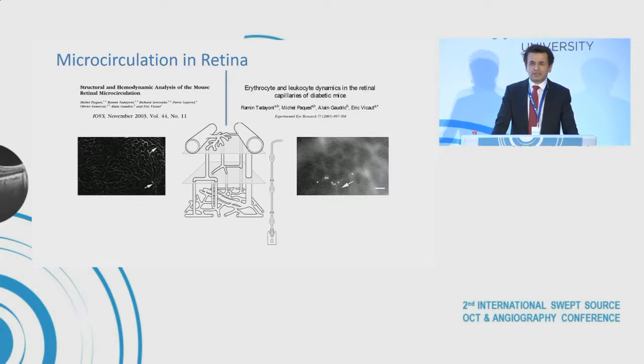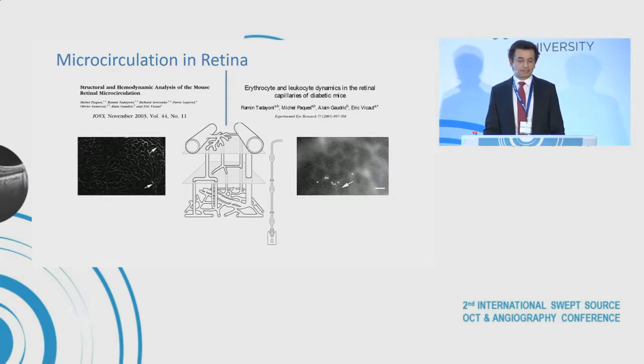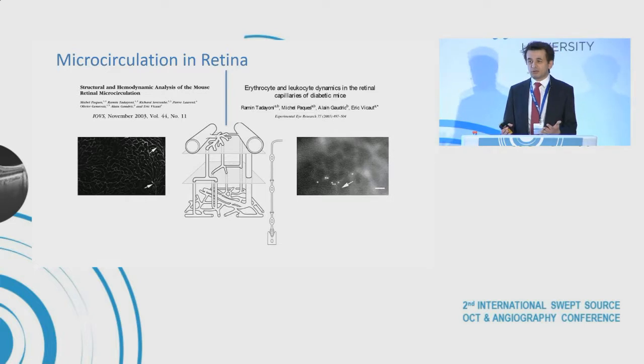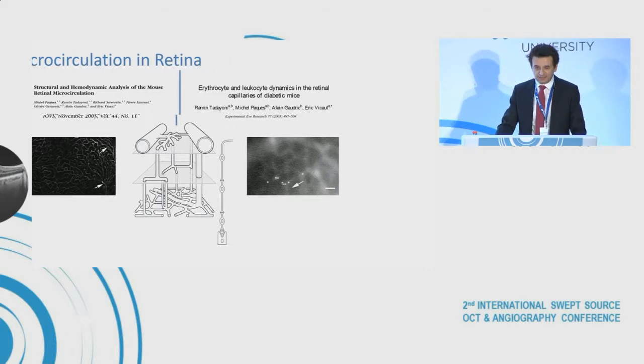At that time, it took us more than 1 year to make some images of the mouse retinal microcirculation, and also to look at the circulation of cells, leukocytes and erythrocytes, in the macula of animals. And it was now available to look at the circulation in humans, in large numbers, in a matter of a few seconds.